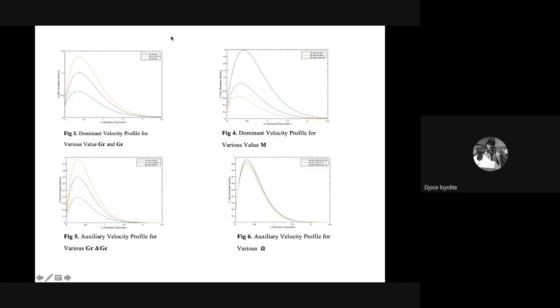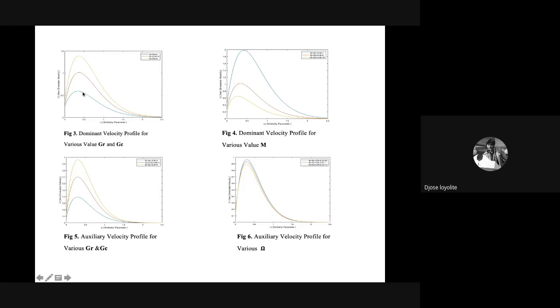Similarly, we have figure 3, the primary velocity profile for various values of Gr/Gc, setting Gr equal to 2, Gc equal to 2, and then 2.5 and 5.5, with t equal to 0.4. The pattern reveals that the velocity increases with increasing values of Gr/Gc. That is, this one is the velocity for Gr/Gc of 2, this is for 2.5, and this is for 5.5.